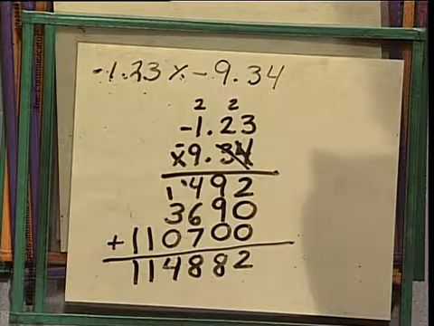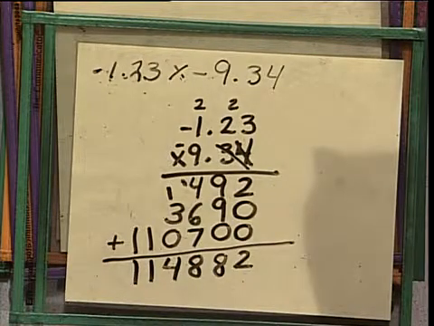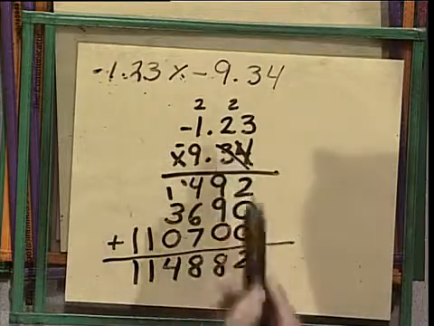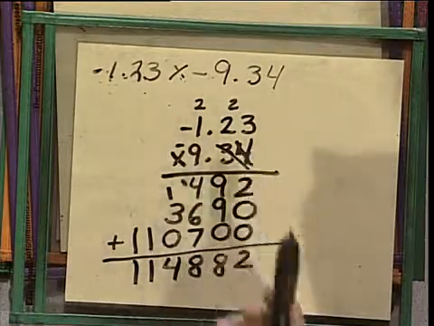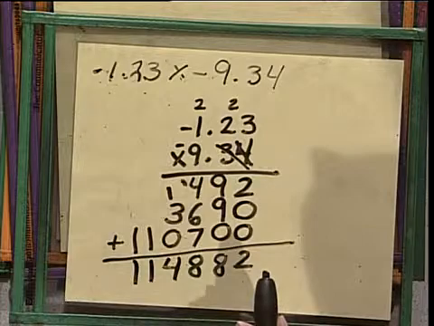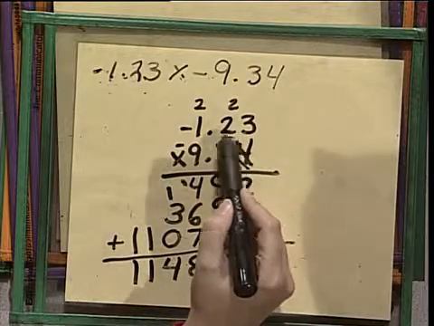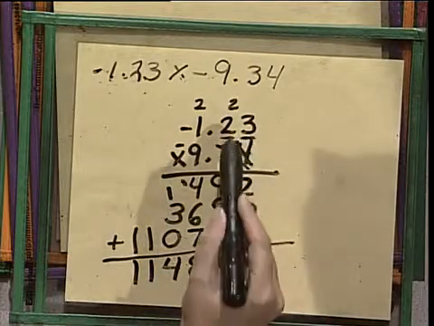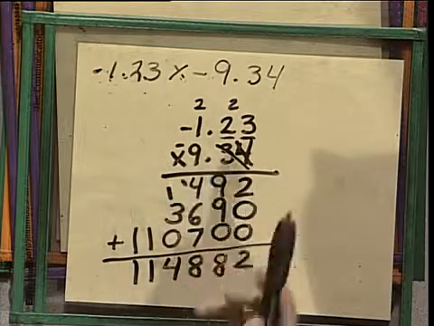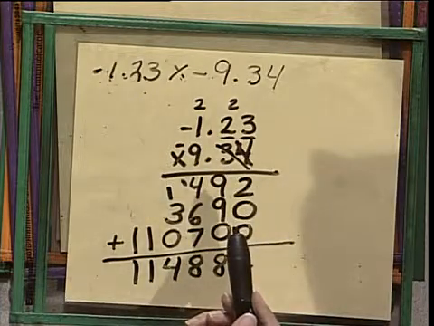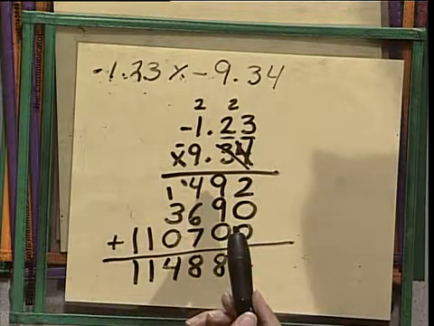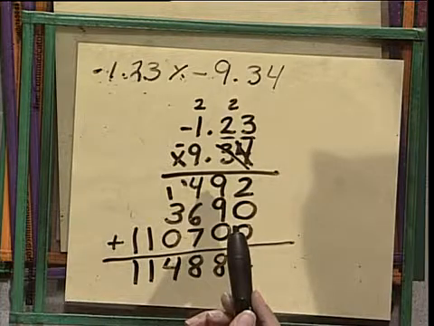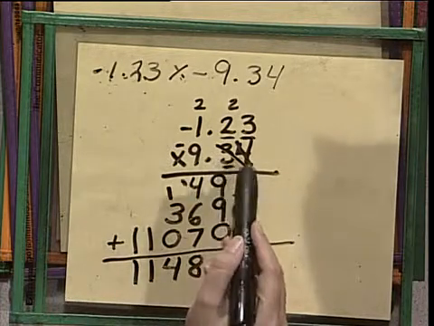Okay, now this is the part where we have to go back and look at the decimals. How many places after the decimal do you see up here in the factors? 2. Well, I see 2 here, but there's more in this number. How many do you see in this number? 2. Good. Very good.